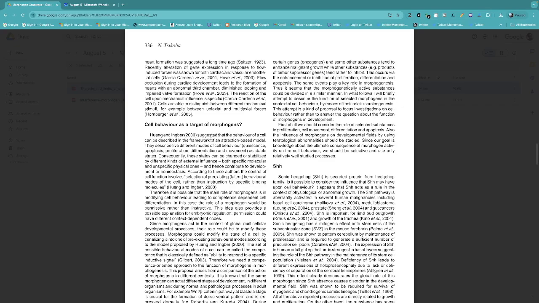And so, it may be true that cell behavior is actually the target of morphogens, as opposed to the molecular aspect of it. So Huang and Iber in 2000 suggested that the behavior of a cell can be described in the framework of an attraction-based model. They describe 5 different modes of cell behavior: quiescence, apoptosis, proliferation, differentiation, and movement as stable states.